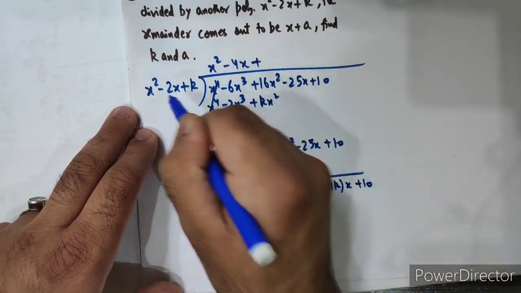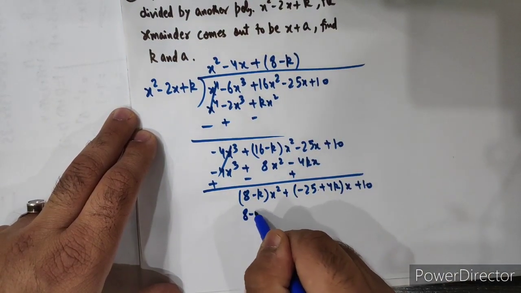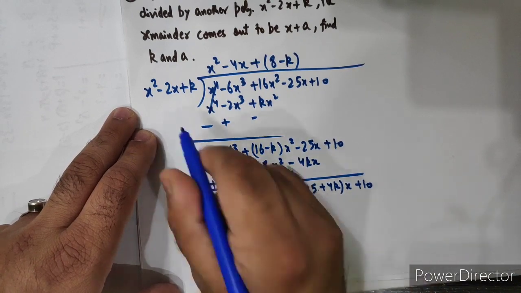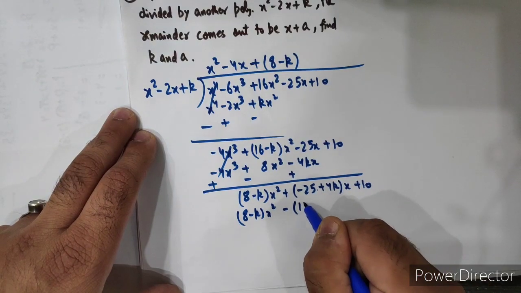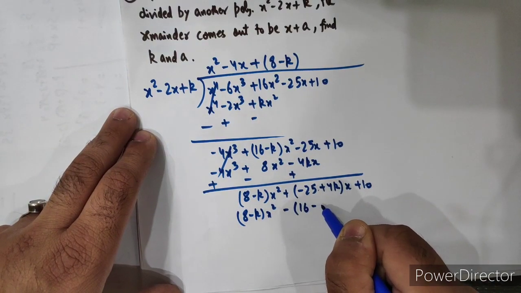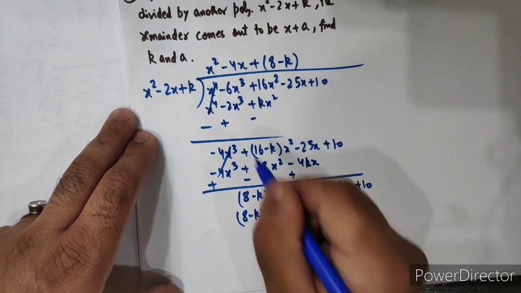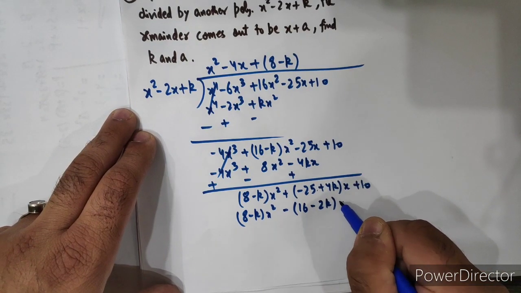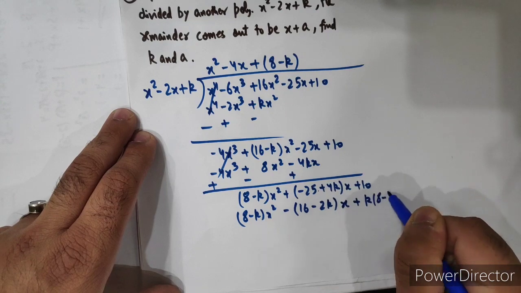Okay, so next step will be to multiply this by 8 minus k. So this will be 8 minus k x square, then minus 2 times this. So you can multiply 2 inside, it will be 16 minus 2k. We have just taken this minus sign here and we have just multiplied 2 by this. Okay, next will be, x is obviously same, and next will be k times 8 minus k.